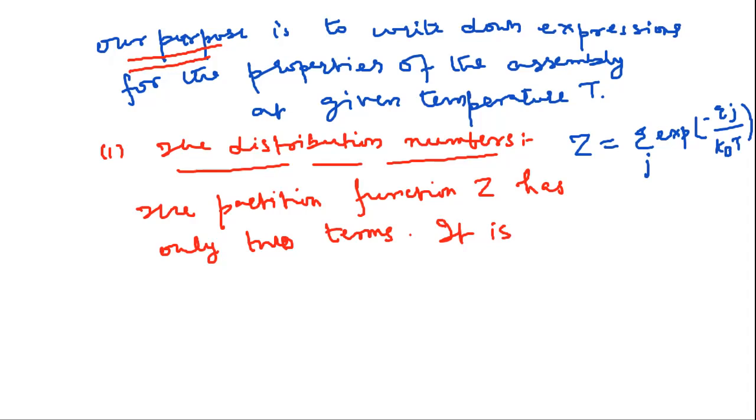So the system in question has only two single particle states, epsilon naught and epsilon 1. So my partition function has two terms.